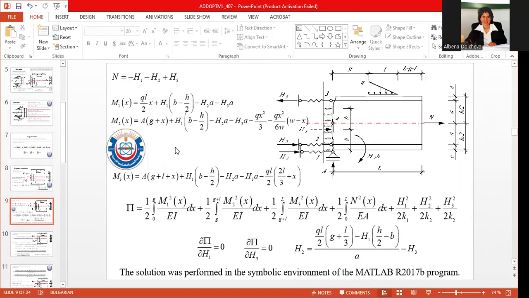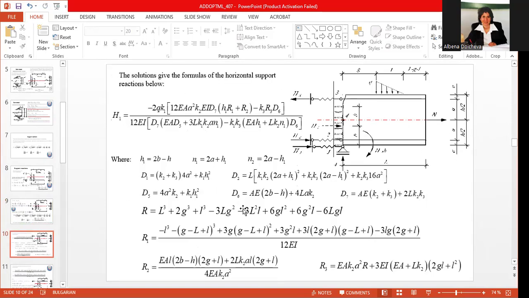After that, we write the bending moments of the three parts of the beam, and using the potential energy of deformation, we made a solution using the symbolic environment of MATLAB.